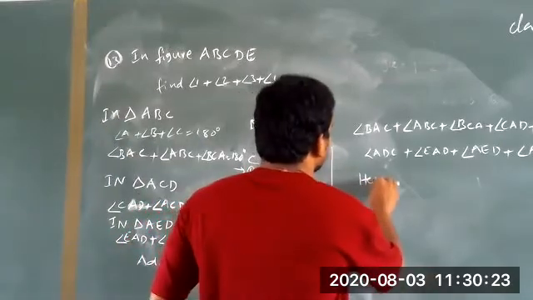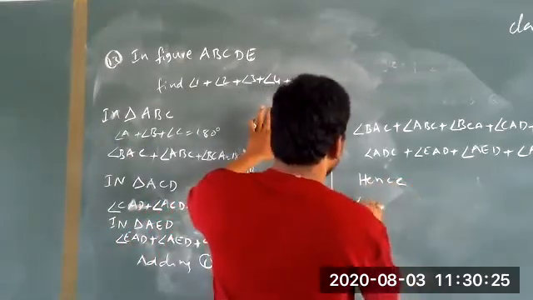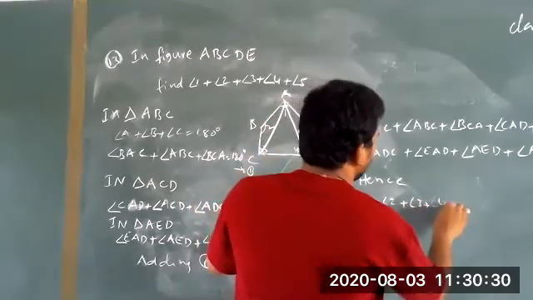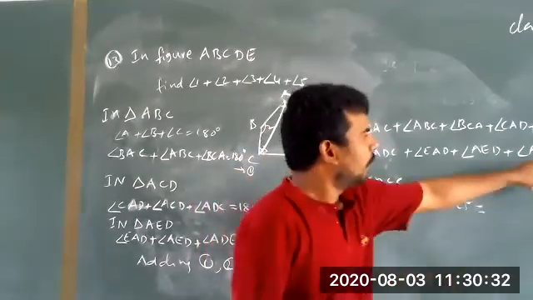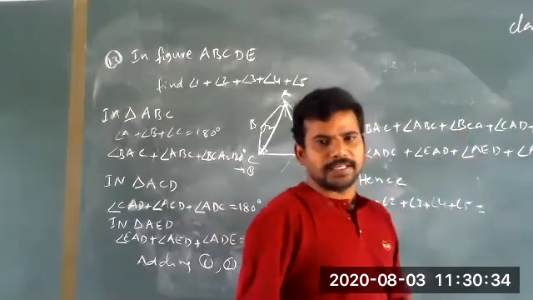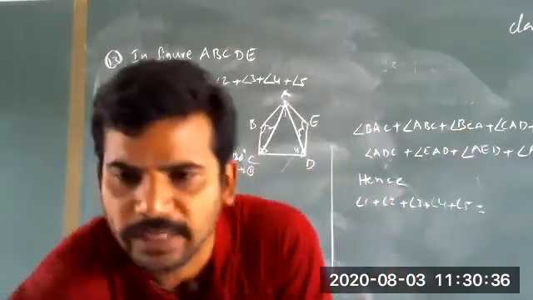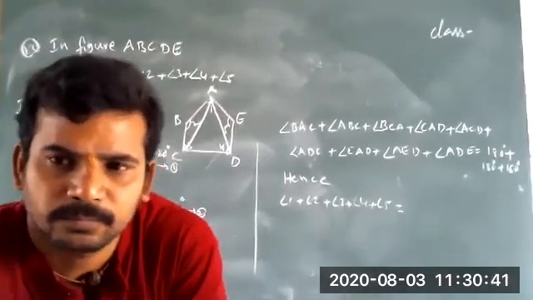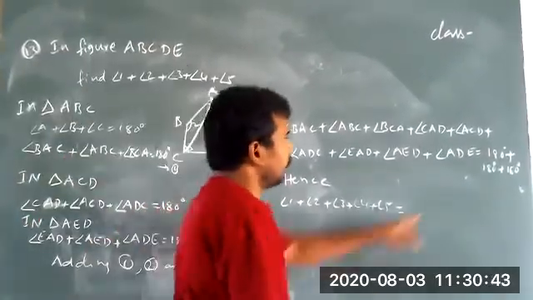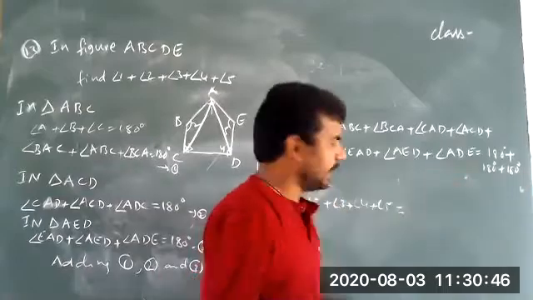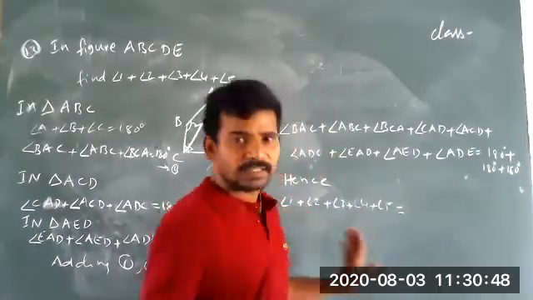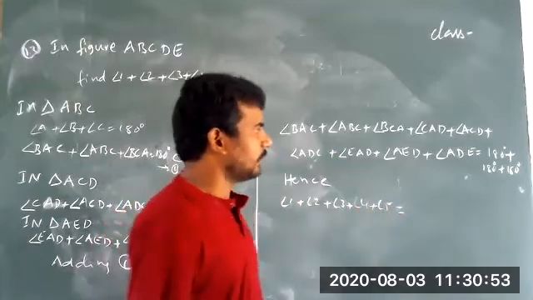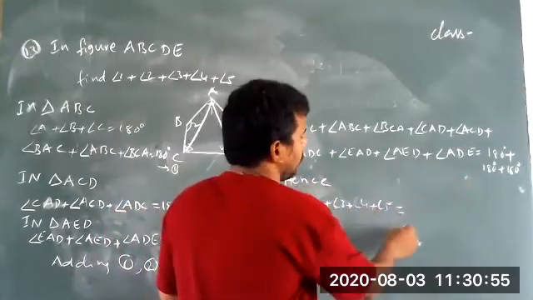Hence, angle 1 plus angle 2 plus angle 3 plus angle 4 plus angle 5 equals 180 plus 180 plus 180.